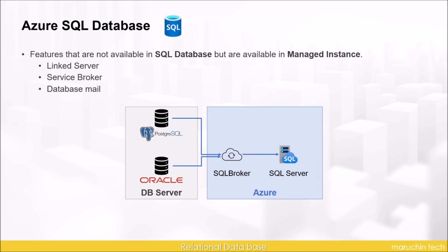A service broker is the function to exchange messages asynchronously between servers, and database mail is a SQL Server feature for sending email directly from the database. This feature allows automated alerts, report submission, and other notifications to be sent via email. When deciding whether to use Azure SQL Database or Managed Instance, consider whether you need these features.